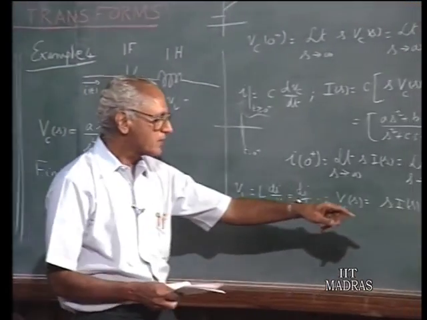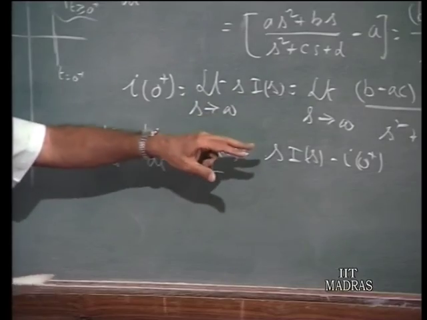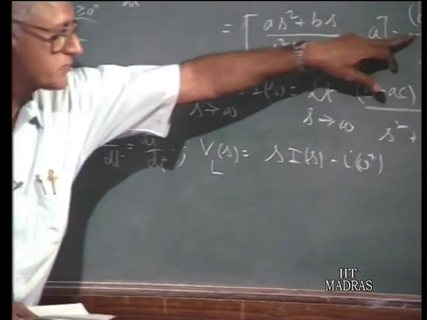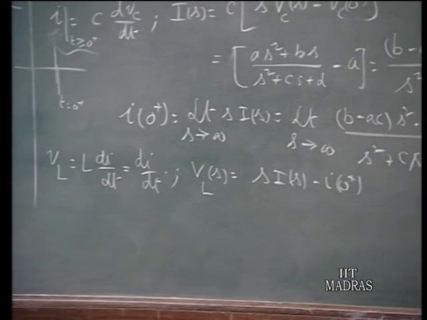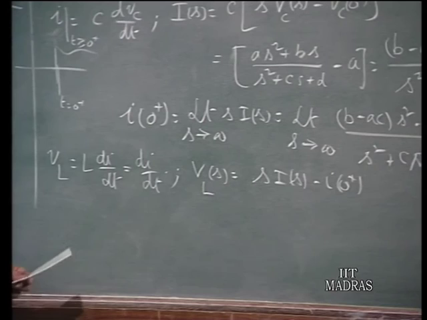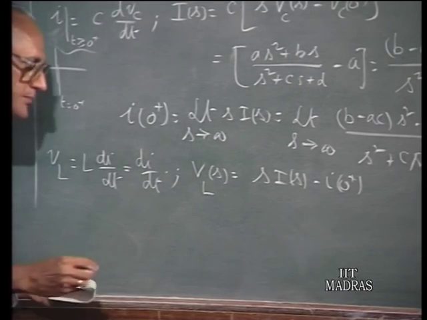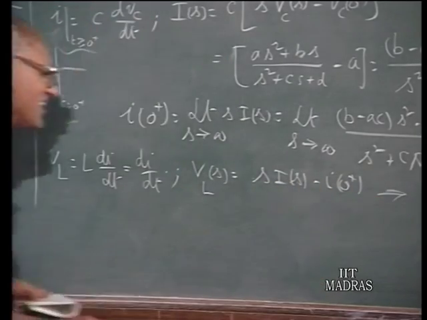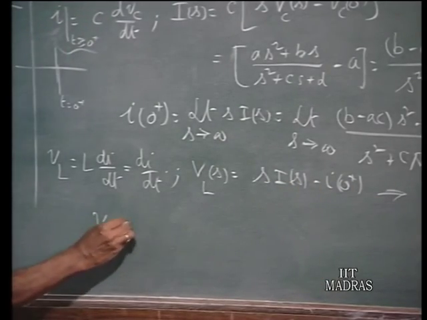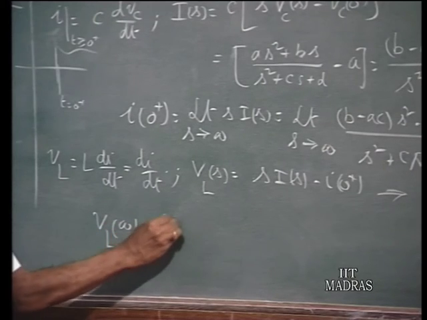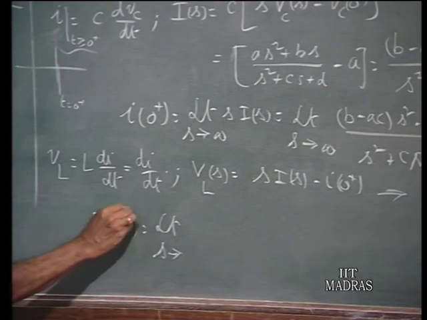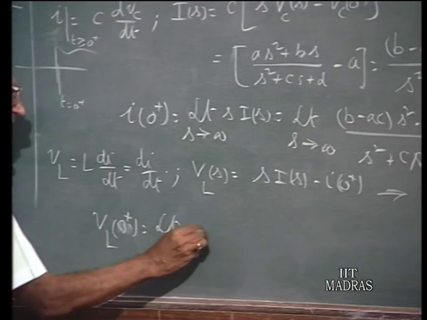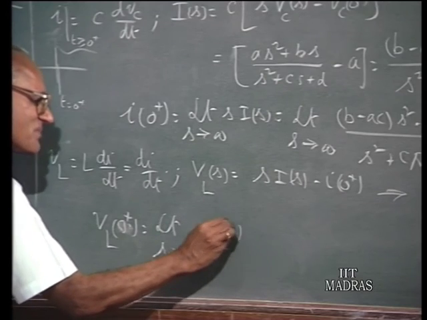So, we again multiply the expression for the Laplace transform of I of t, which is this one, by s, and substitute and remove from that I 0 plus, which is B minus A C. If you do that, I will not go into the details of this. This will turn out to be, I will give some expression here, and then V L infinity is, I am sorry, V L 0 plus, that is what we are interested in, the limit as s goes to infinity of s times V L of s.